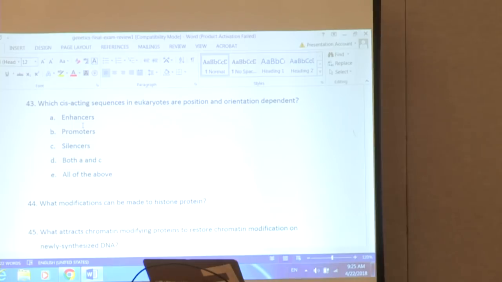It's actually not promoters. But thank you for that. Is it enhancers? Yeah, really good. Is that all? Are silencers position and orientation dependent as well? I see some agreement. So yeah, they are, right? So the answer would be both A and C.